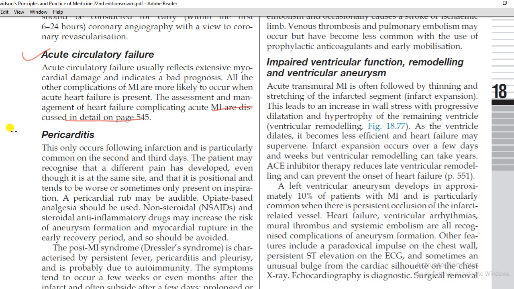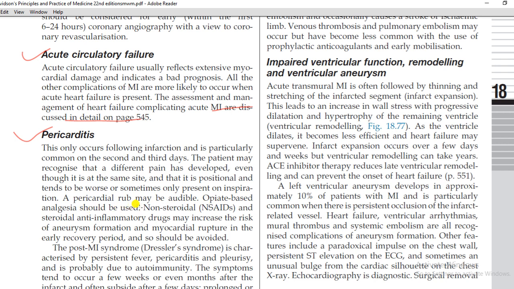Pericarditis, inflammation of the pericardium. This occurs following infarction and is particularly common on the second and third days. The patient may recognize that a different pain has developed, and sometimes a pericardial rub may be audible.